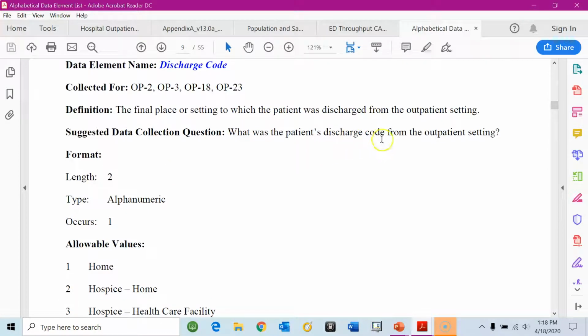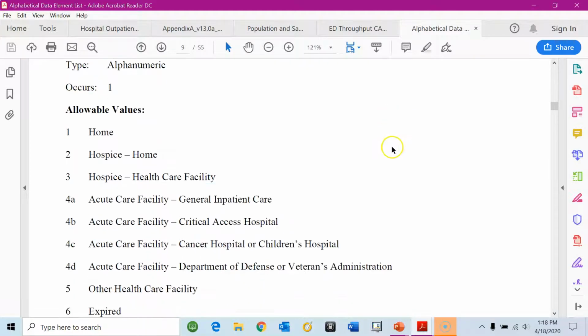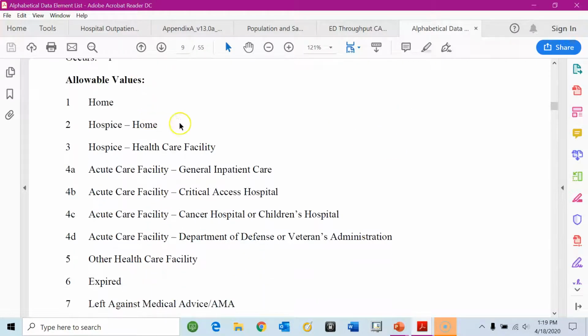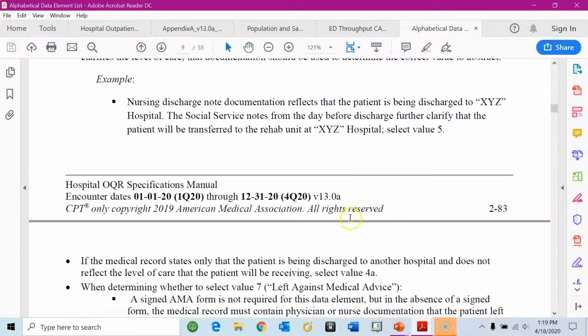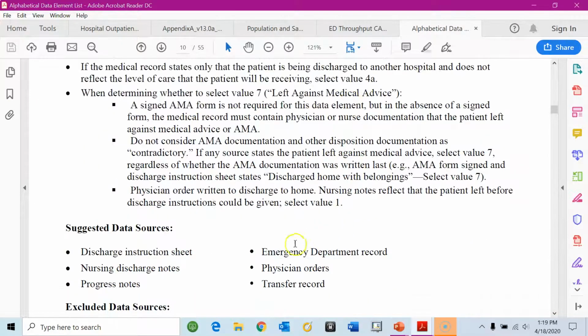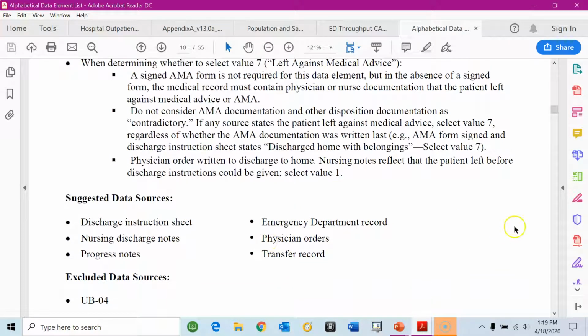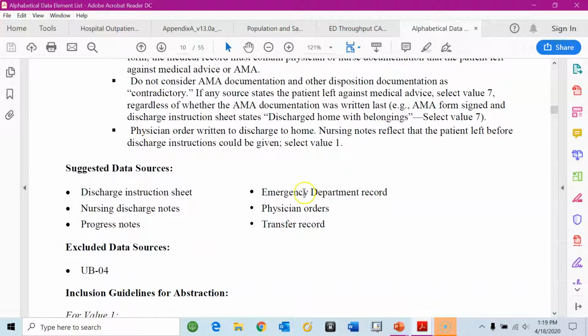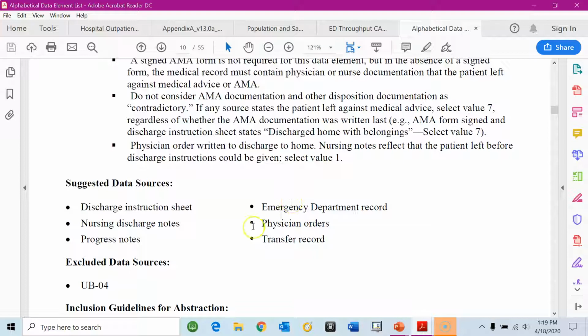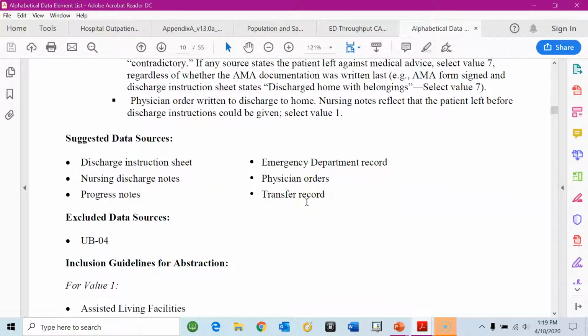What was the patient's discharge code from the outpatient setting? You've got allowable values, but what fits in there? You've got some notes. Read through your notes. These are your suggested data sources. Don't use your billing, because oftentimes what the hospital used for billing, their discharge codes might not match what the abstraction discharge codes are.